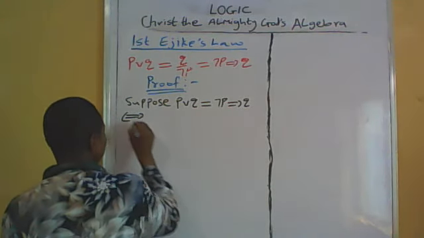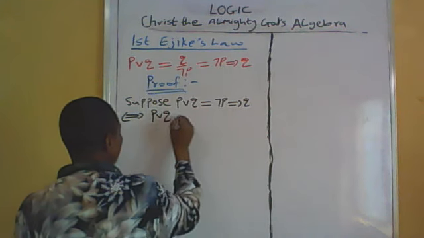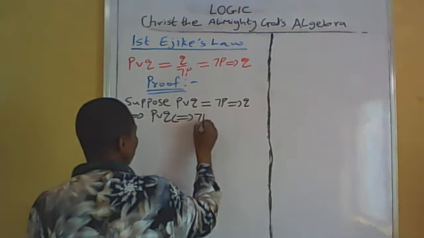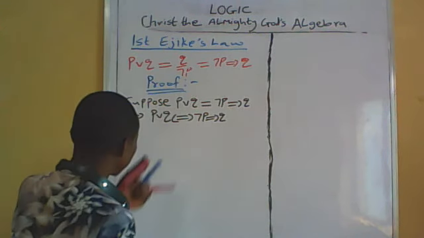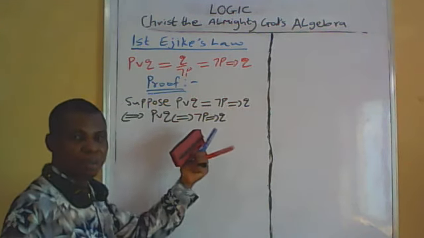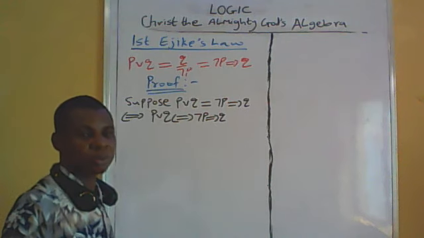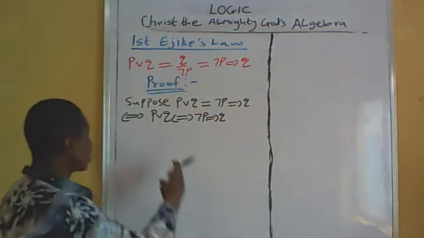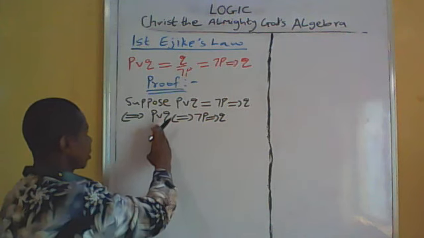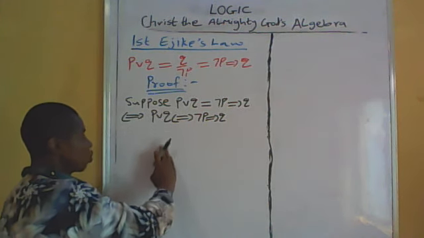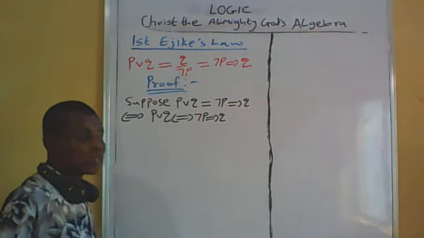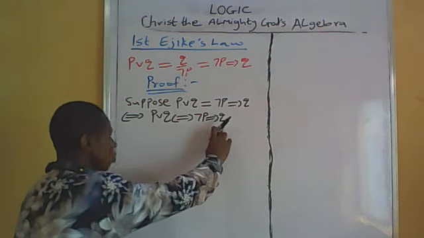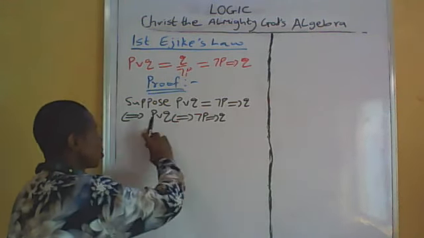P or Q if and only if not P implies Q. We have now transformed it to a bi-conditional statement. It says that whenever the left side is true, the right side is also true. Whenever the right side is false, the left side is also false.